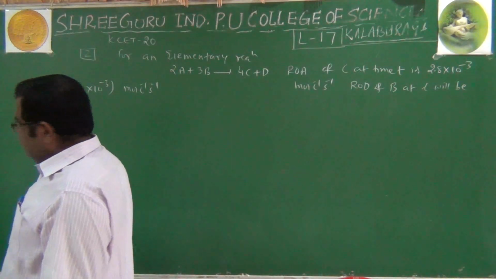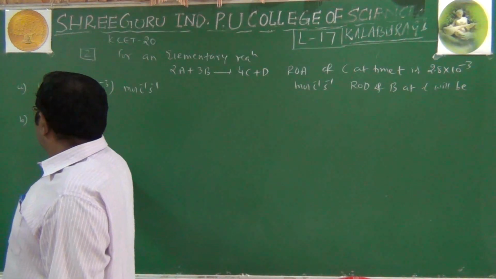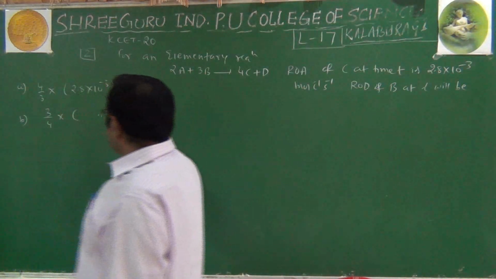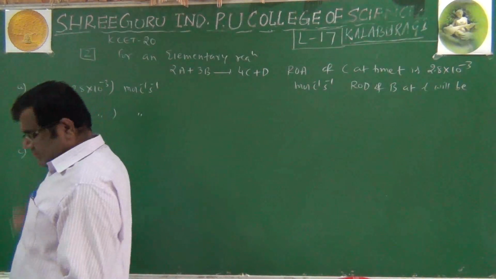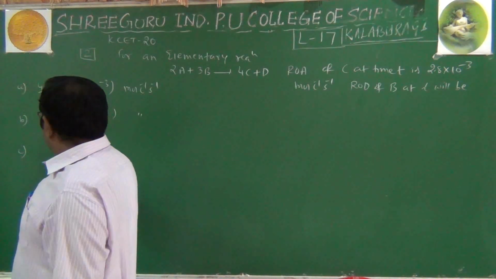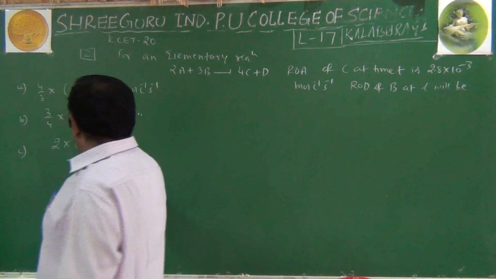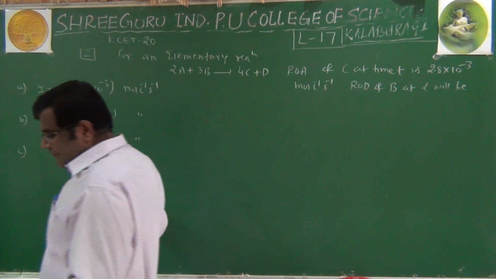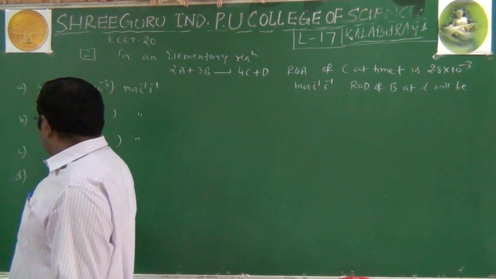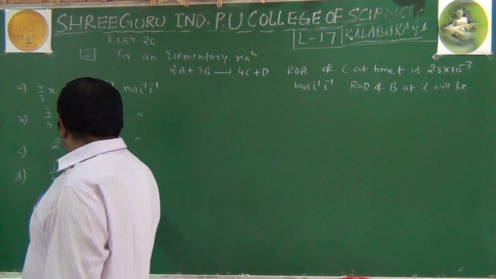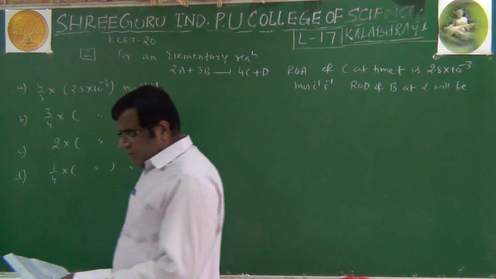B is 3 by 4, same value, same unit. C is 2, same value, same unit. D is 1 by 4, same value, same unit.